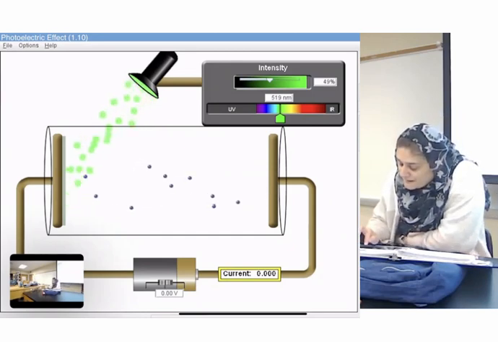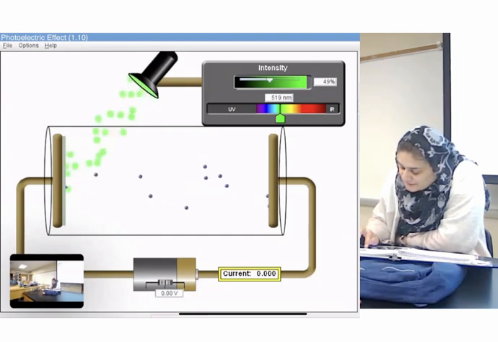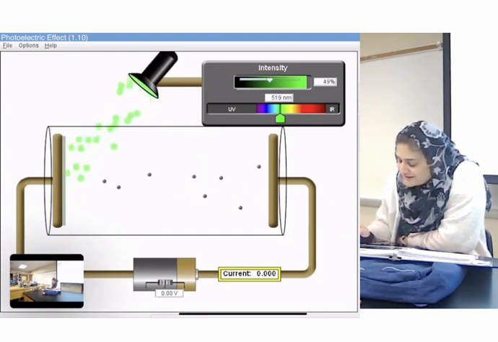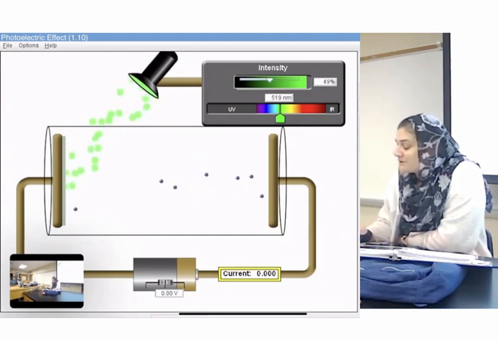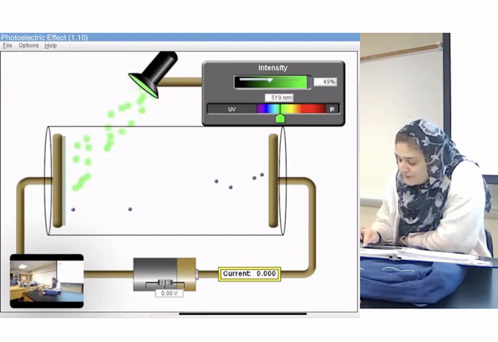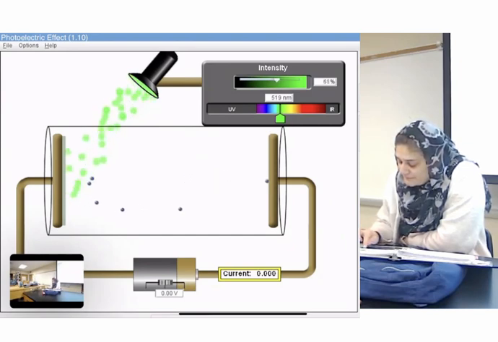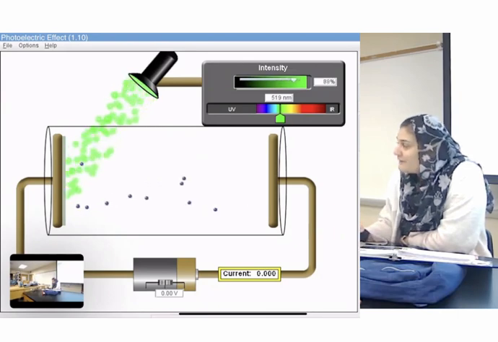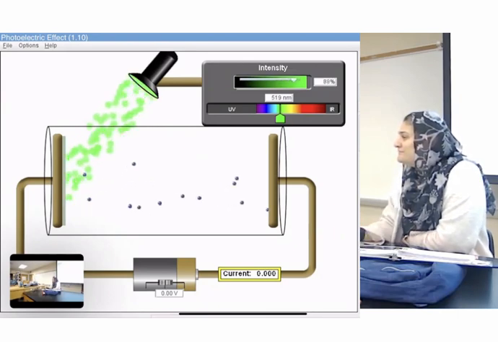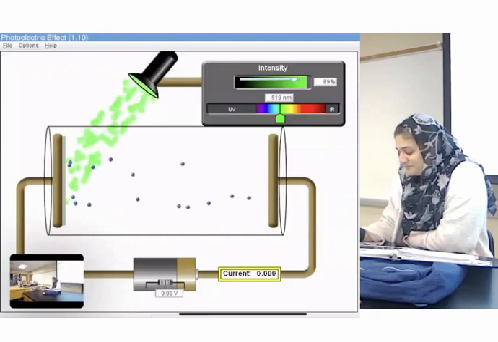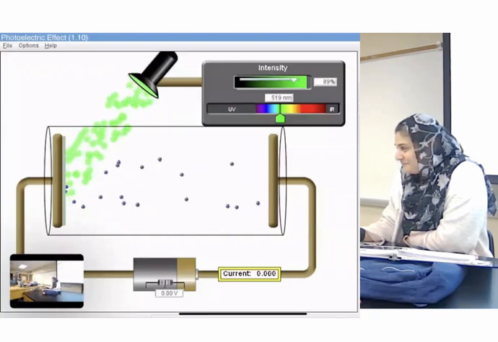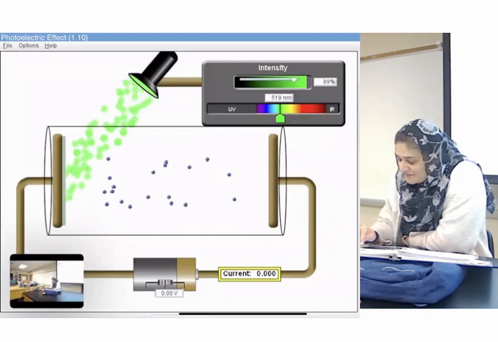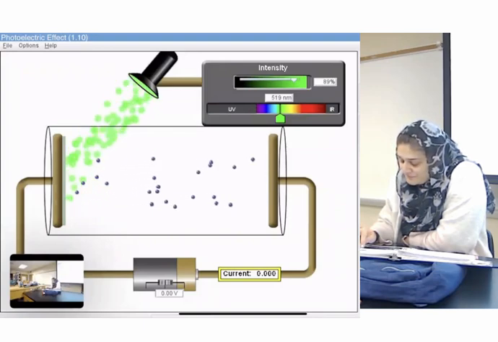Okay, if I change the intensity now that I know that electrons are coming out, what do you think will happen? Will it? Okay.